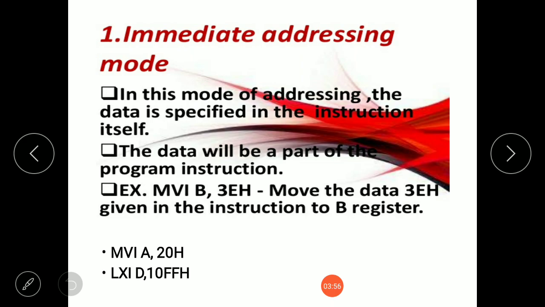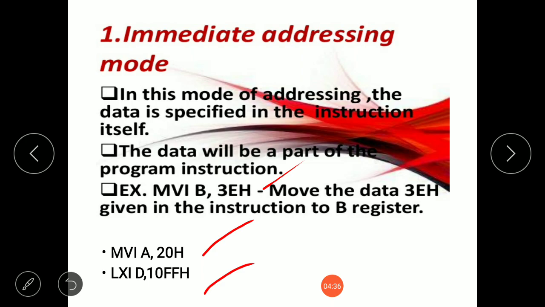So what is immediate addressing mode? In immediate addressing mode, an 8 or 16-bit operand is specified as a part of the instruction itself. In the 8085 microprocessor, the instructions under this category have the letter I. As you can see, I have given examples of immediate addressing mode, that is MVI B, 3H or MVI A, 20H or LXI D, 10FFH.